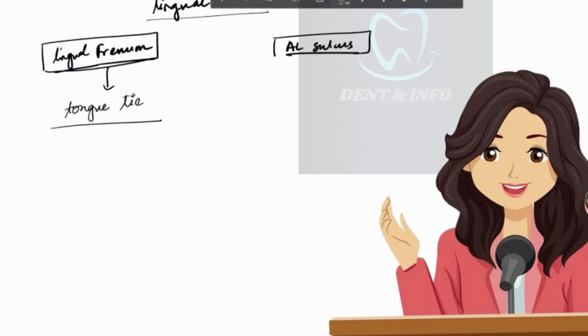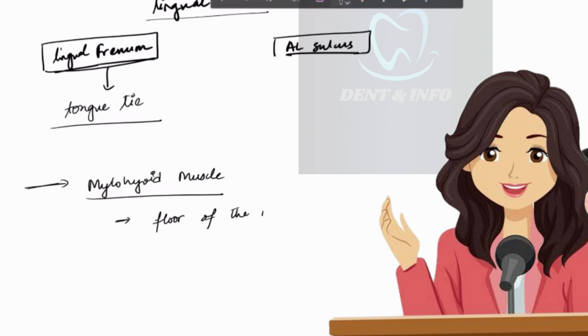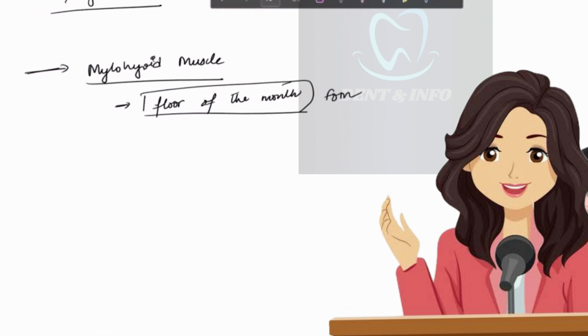But what I'm interested more in discussing is your mylohyoid muscle. Now, all of you are aware, mylohyoid is the muscle which makes the floor of the mouth. So the muscle that makes the floor of the mouth, FOM, is the mylohyoid muscle, right? Where does it originate from?